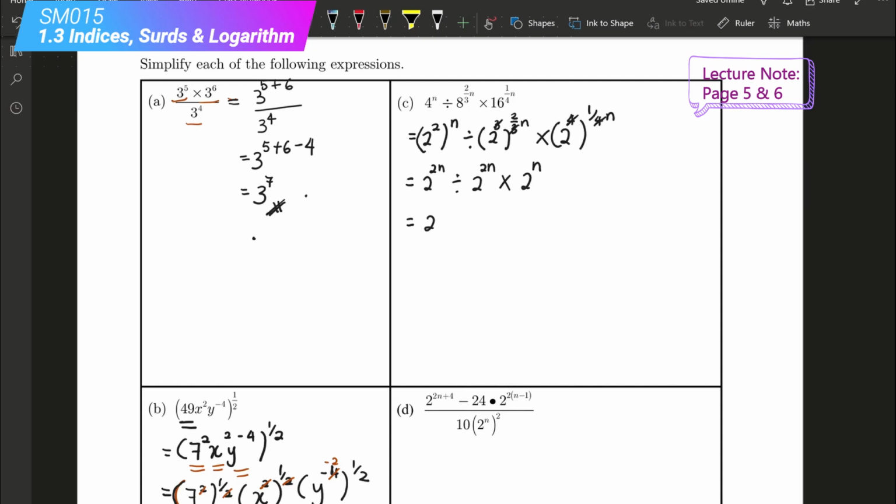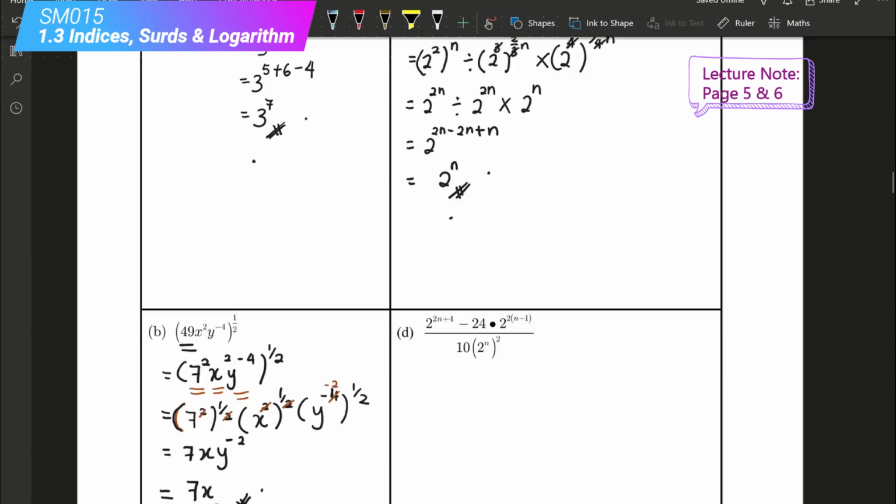If multiply, we plus the power, right? And if the operation involves only divide and multiply, we just solve from left to right. So divide, we minus the power, becomes 2n minus 2n plus n. So what's the answer? The answer is 2 to the power of n only. So that's the simplest form. We cannot simplify it anymore.